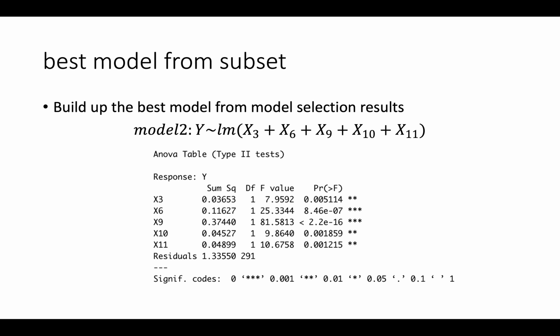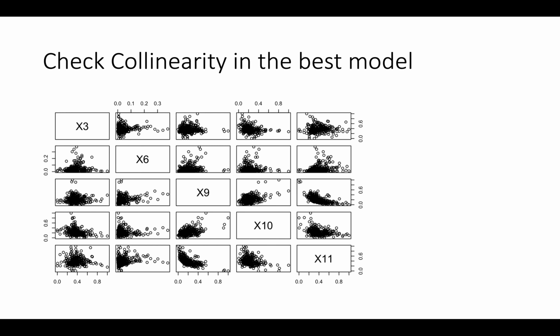So in this case, each variable is very important, and there should be no collinearity in the model. But to make sure, I also drew the correlation plots and ran the VIF test.